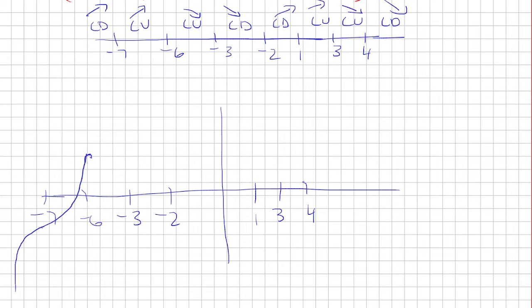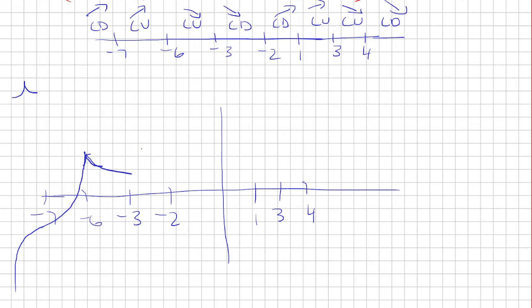That's going to be a maximum, and then it's going to be concave up. So what this looks like is actually a cusp, because you're concave up and then concave up like this. Something like that. And then between negative 6 and negative 3, it's decreasing and concave up.